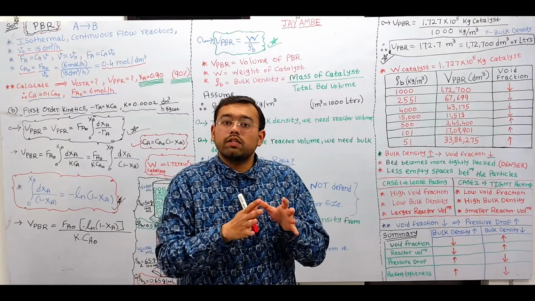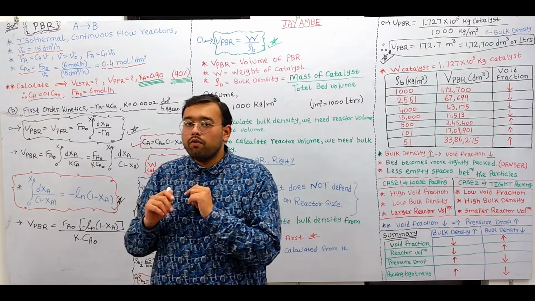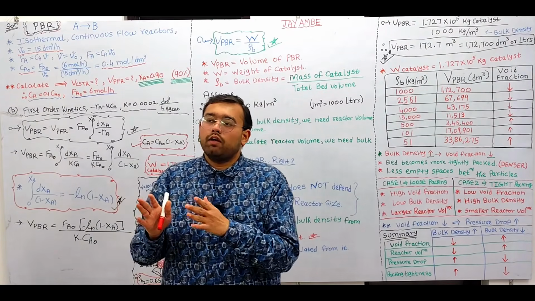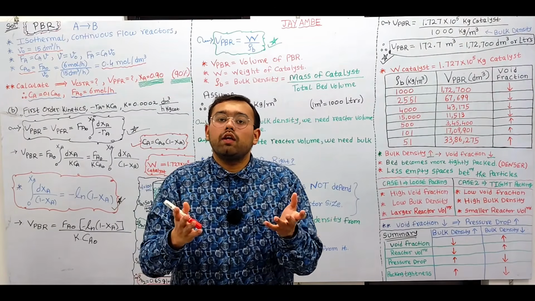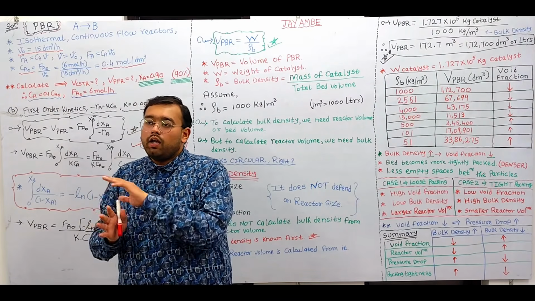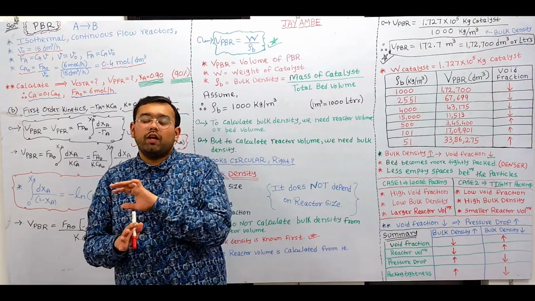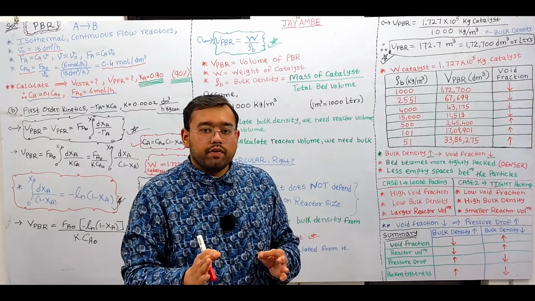In the plug flow reactor, the hollow space of the tubular reactor is empty. So there are no packing materials in the plug flow reactor. Okay, so this is the principal difference, right?